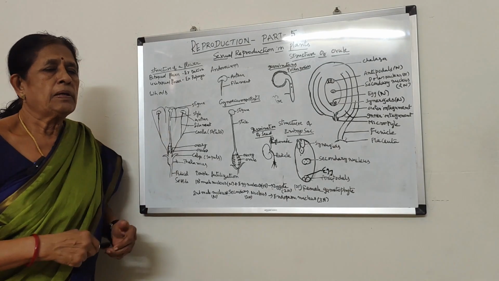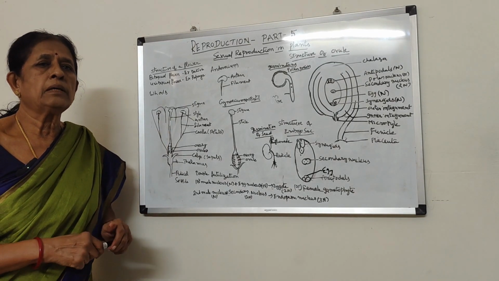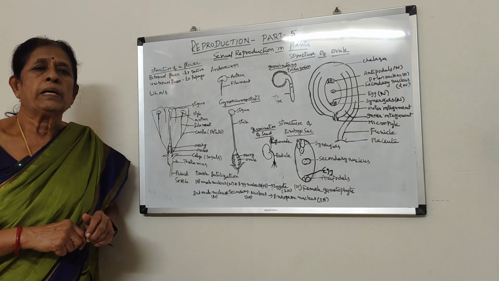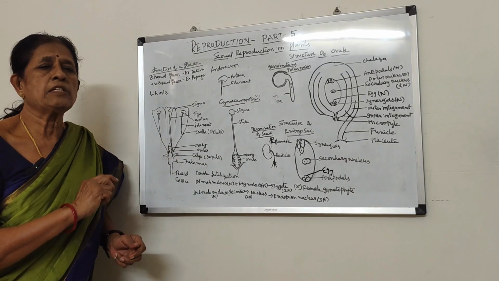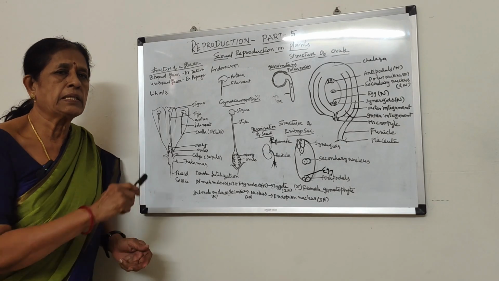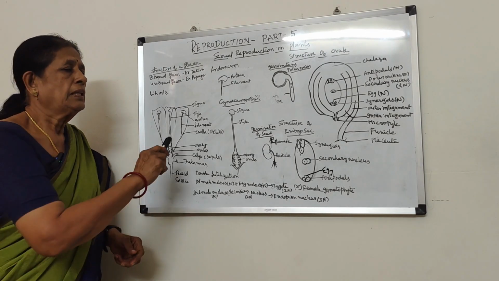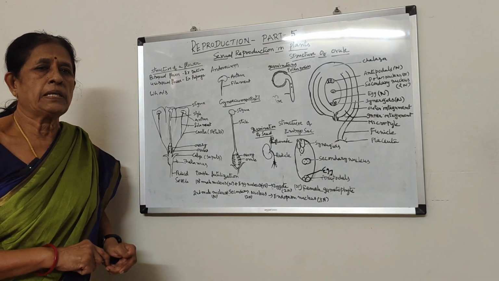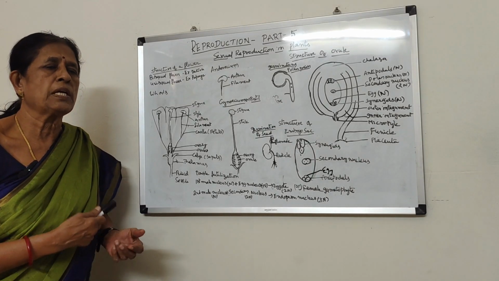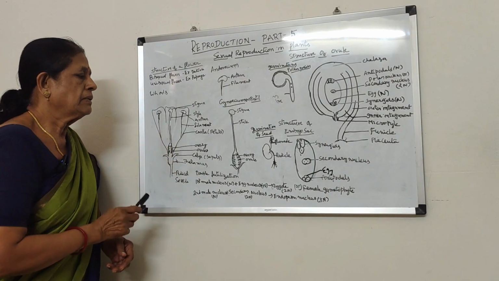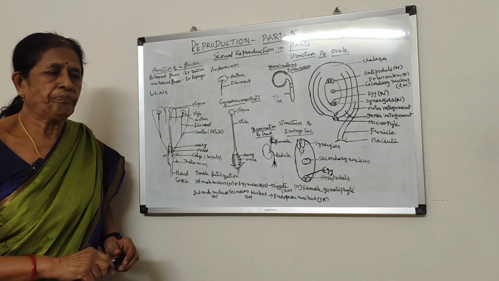The flowers usually avoid self-pollination by different methods and they prefer cross-pollination. That means there is more chance for genetic variation in cross-pollination. So that is the function of corolla.